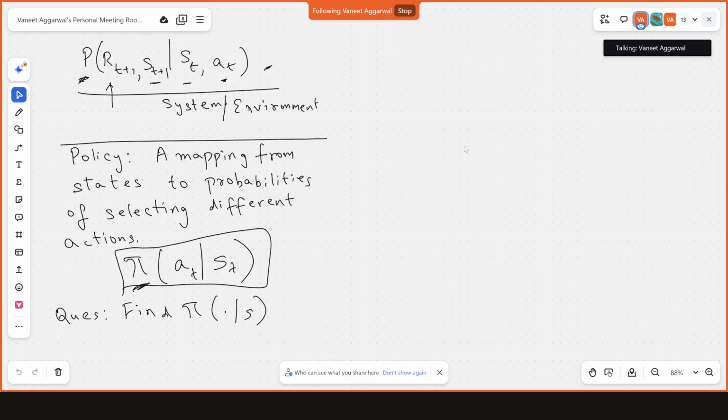You take action A1 with certain probability and A2 with certain probability and so on. Does the problem seem interesting? That's good.